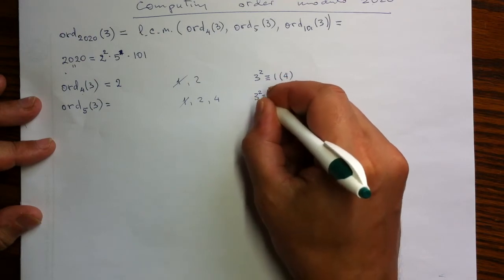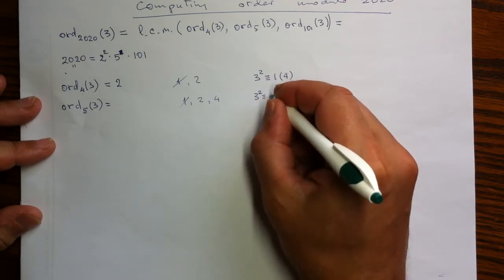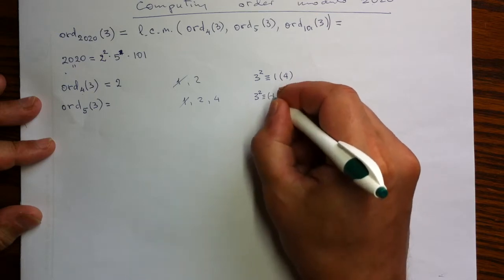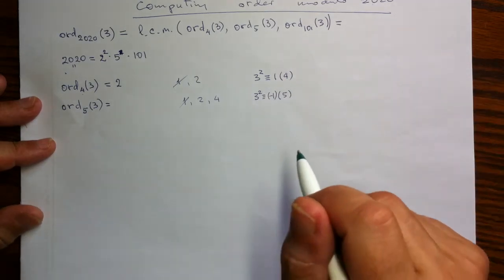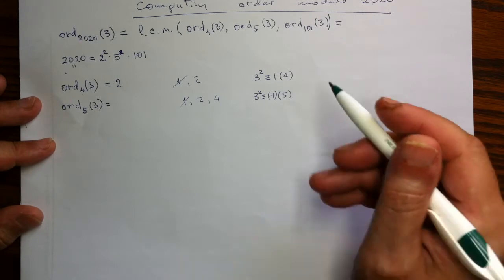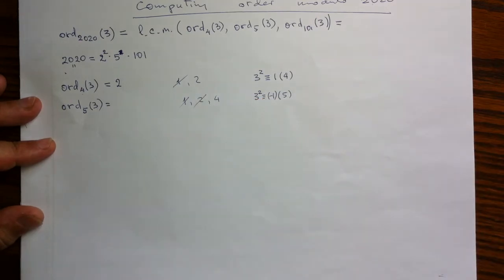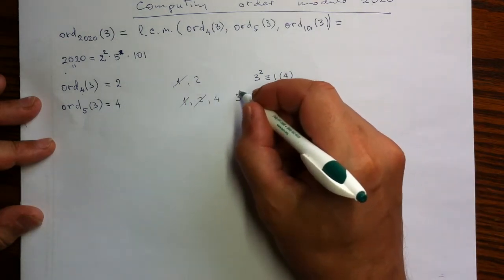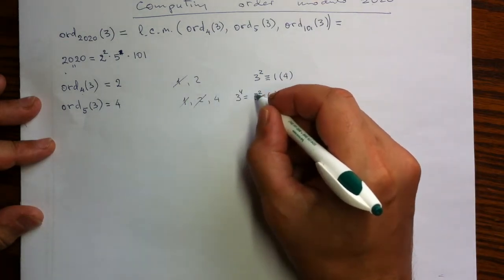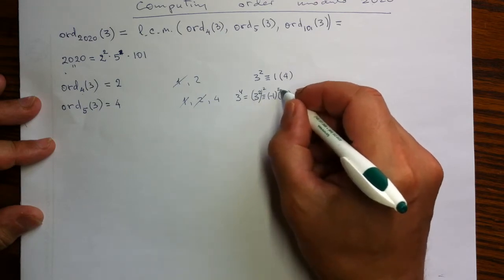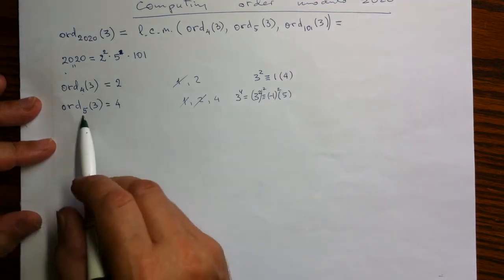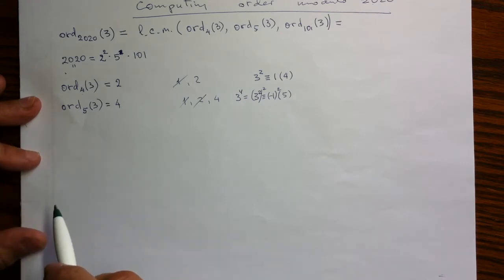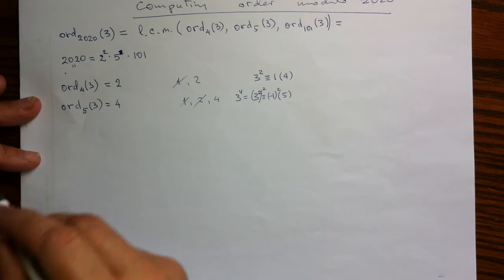Let me record that. 9 mod 5 is negative 1. And that has to be discarded, which leaves us with 4. And of course it is true that the 4th power, which we can write as the square of the square, is the square of negative 1, which is 1. So that is now the smallest power of 3 which is congruent to 1 mod 5.